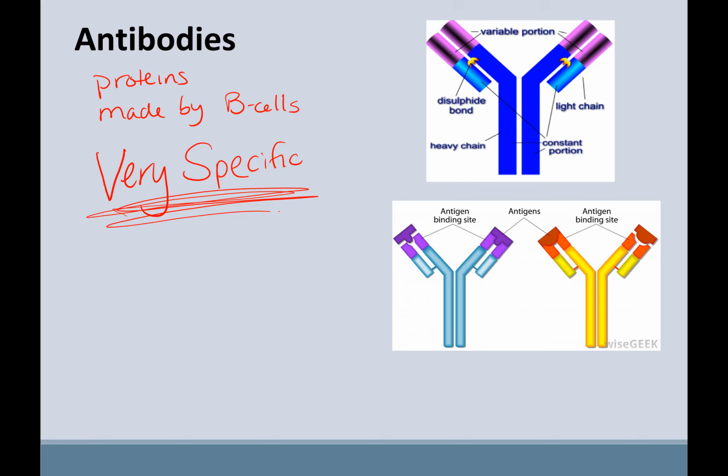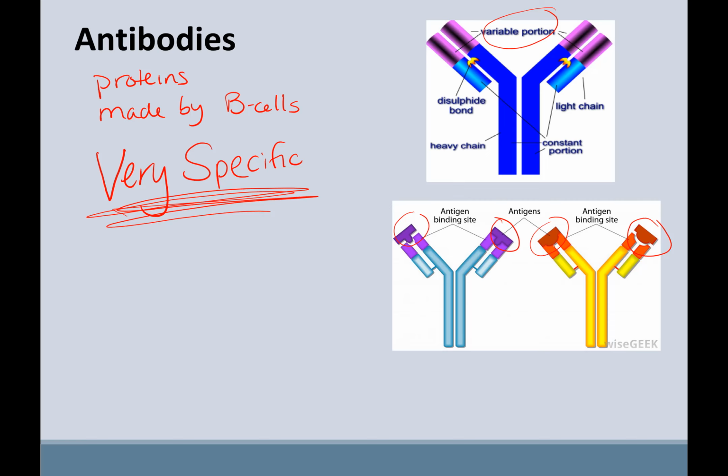We use them in molecular biology. We use them to do lots of research, but they're also a huge part of our immune system. And they're very specific because these variable regions at the tips of our antibodies are specific to one type of antigen.